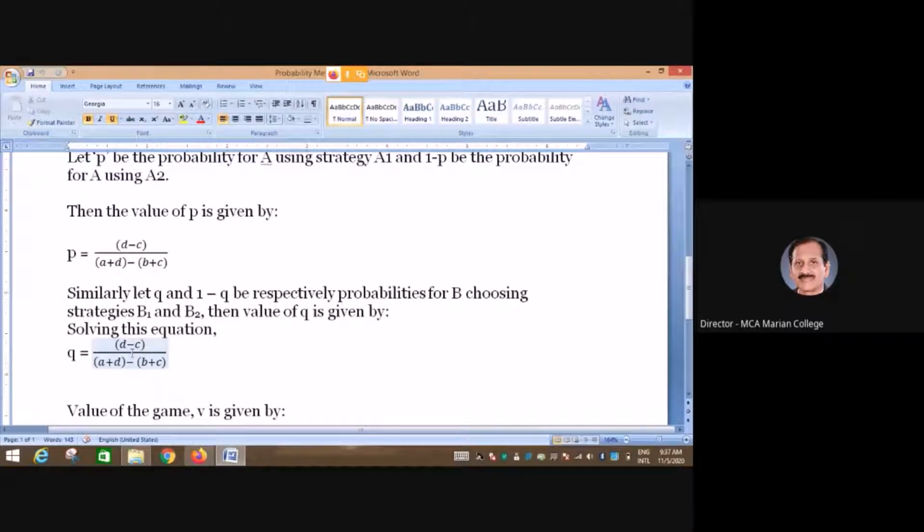There's a small mistake in that formula.